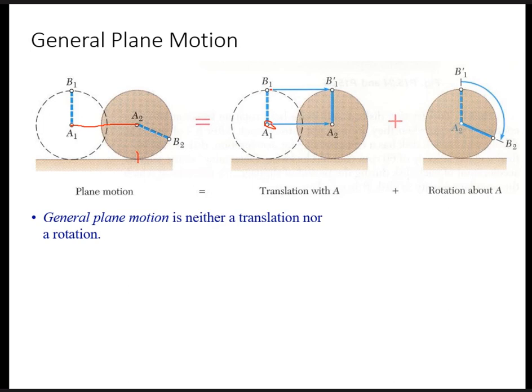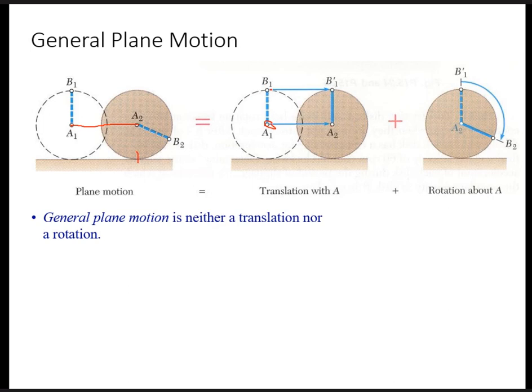The velocity of O is 3 meters per second. Now it is said that a wheel of radius 300 mm rolls to the right and has a velocity v0 of its center O. v0 is the velocity of the center O, 3 meters per second.